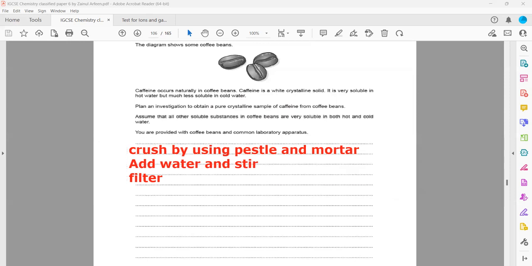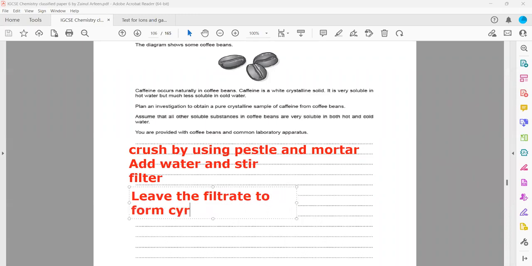So we will use filtration, then we will heat the solution, leave the solution for crystals of caffeine to form, and then filter again. And then we will filter and dry the crystals.